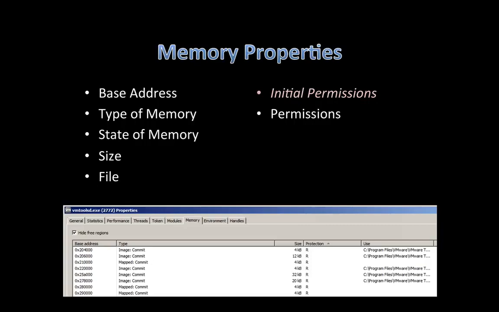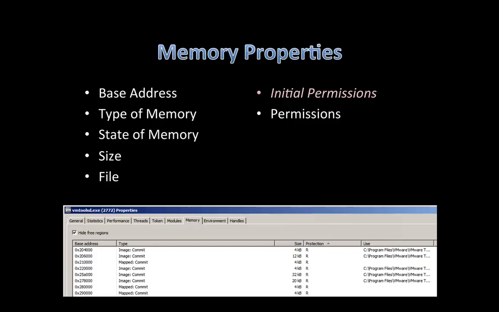Is it free? Is it reserved? Or is it committed and ready to be used right now? What about the size of the block? How big of a chunk of memory do we have? And another observable, if it is a memory mapped file, which file is it?